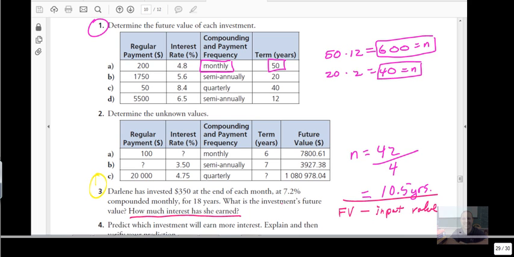Well, let's forget about all the interest, and let's think about $350 each month for 18 years. That's how much she's actually put in, right? Everything else above that is interest. So the input value is 350 times 12 months a year times 18 years. So that's what you do. The future value that you calculate on your calculator minus this right here.